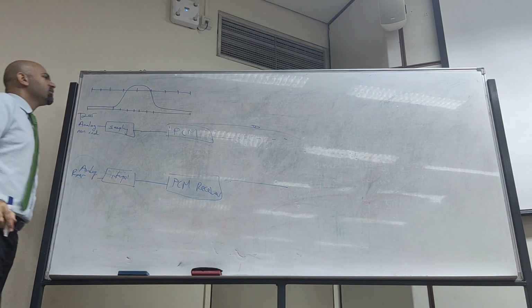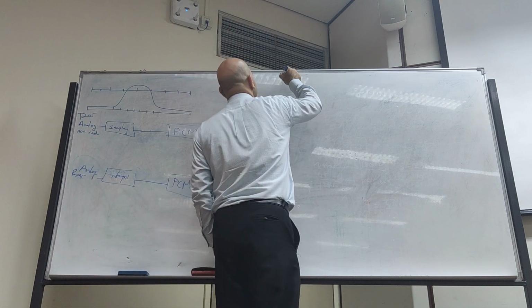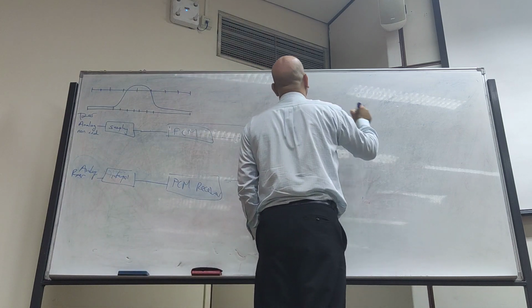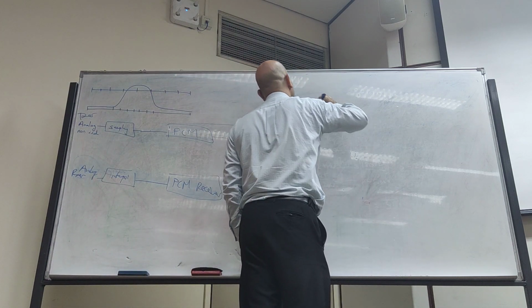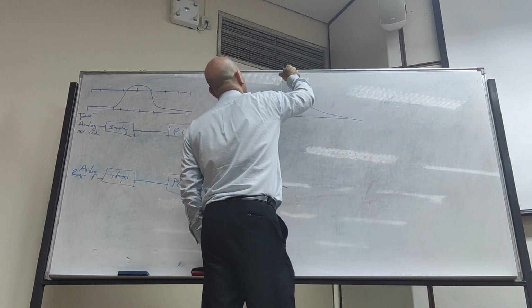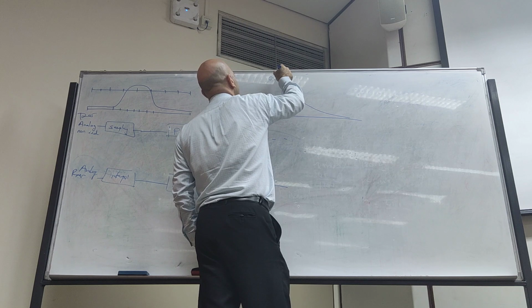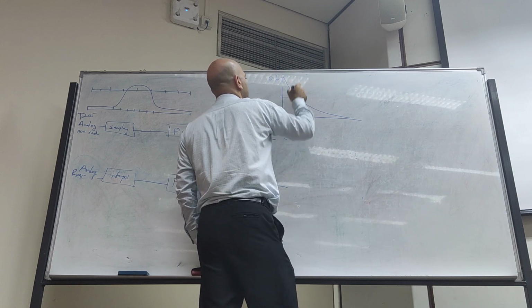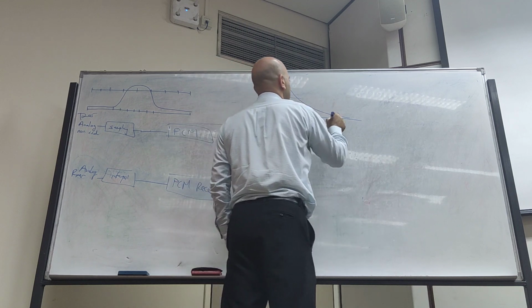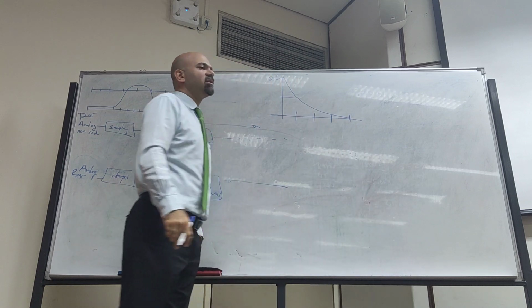How is that? Let's make it easier. Imagine a function like this. This is like the PDF. Imagine this function has 4 intervals.